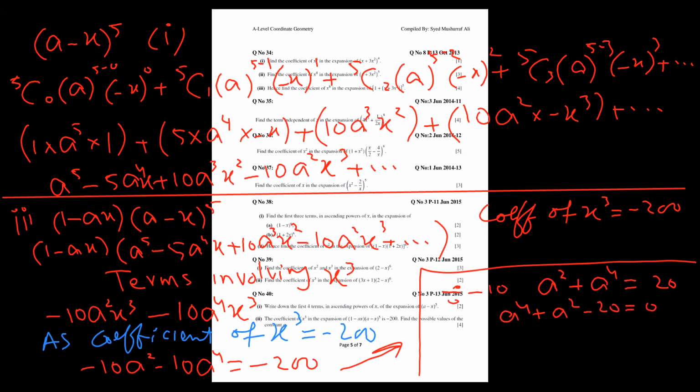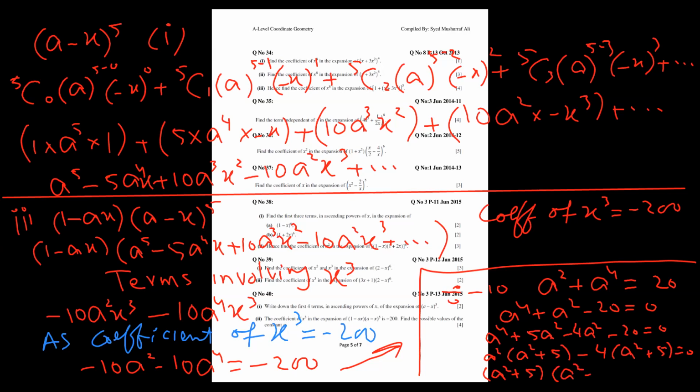Now I can factorize. 20: 1 times 20, 4 times 5 is 20. So a to the 4 plus 5a squared minus 4a squared minus 20 equals 0. A squared common gives a squared plus 5. From here, 4 common, a squared plus 5. It means we are doing right. So I get a squared plus 5, common out, times a squared minus 4. And what was the question? Find the possible values of a.